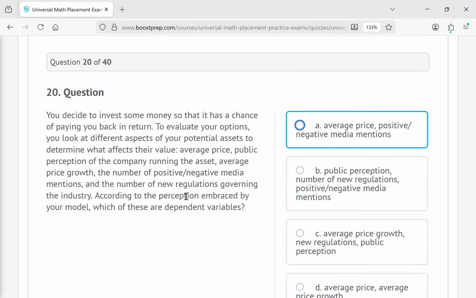I'm gonna say average price and average price growth.